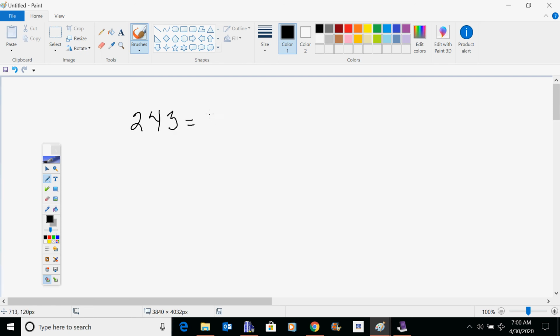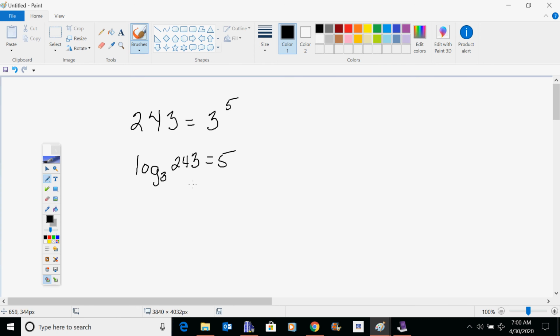And it said to write it in logarithmic form. Don't forget, this is your base, this is your exponent, this is your number. So for this one, it would be log base 3 of 243 equals 5. Because a logarithm, 3 to this power equals this number. So you're able to rewrite in that way.